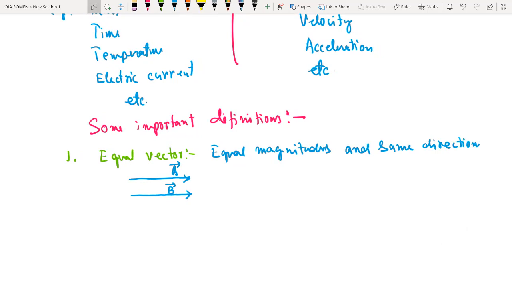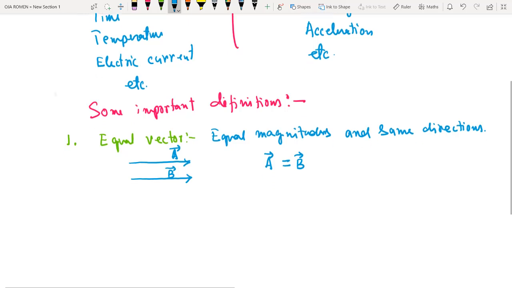So two vectors A and B are said to be equal if A and B have same magnitudes and same directions.